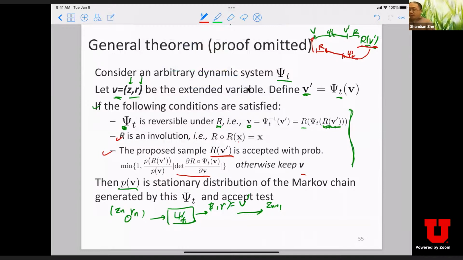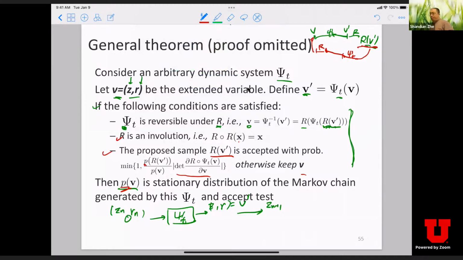If I use this rule as my acceptance test and just keep running, then this P is the stationary distribution of the Markov chain. Of course, if you replace P by your joint distribution, or the posterior distribution, it will be your target posterior.